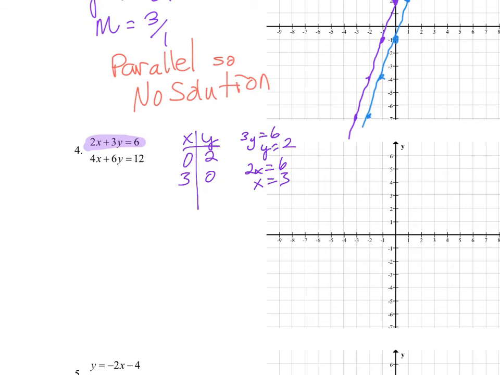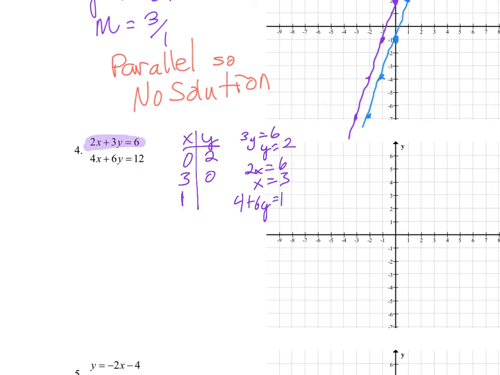Alright, and now we need one more point. So we're going to do something between 0 and 3, and so we're going to do 1 in the x. Well, that gives us 4 plus 6y equals 12.